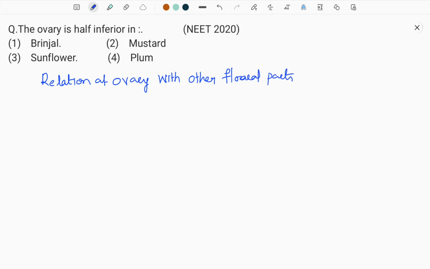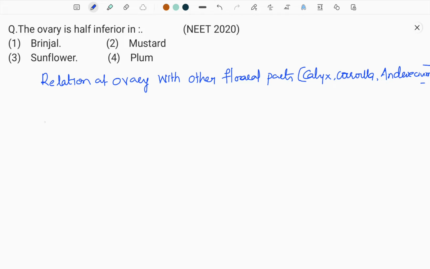Calyx, corolla, and androecium. Calyx is made up of sepals, corolla is made up of petals, and androecium is made up of the stamens. So let's have a look at how the inferior ovary is present, how the ovary becomes superior, and how it is half inferior exactly.